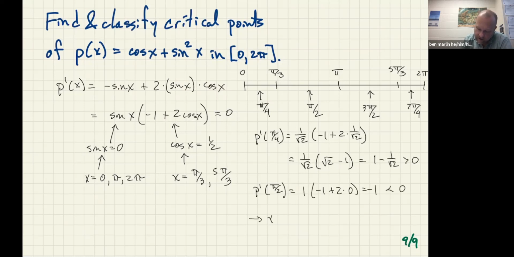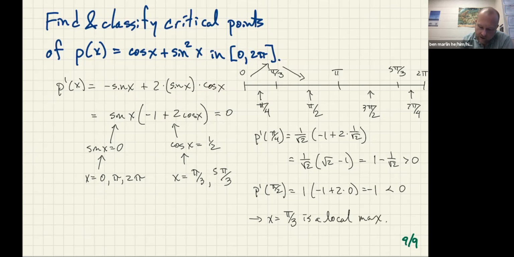So this says x equals pi over 3, because remember, between those two values, it is a local, let's see, what was it doing? It was going up, and then it started going down. So this is going to be a local maximum, okay?